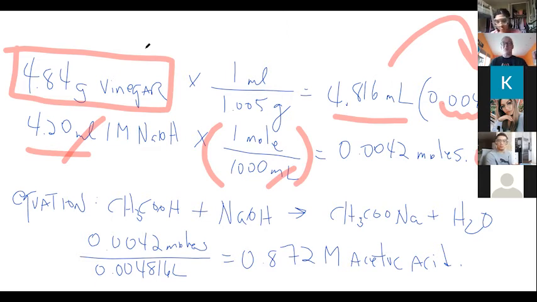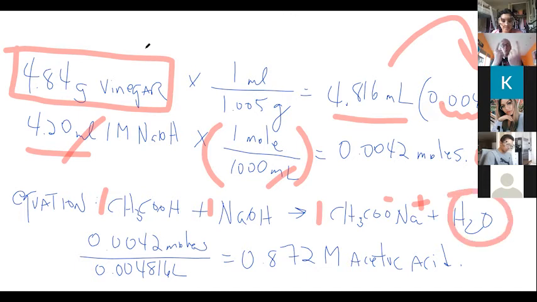Now our balanced equation is 1 mole of acetic acid plus 1 mole of sodium hydroxide gives you 1 mole of sodium acetate. So this is the acetate ion here, CH3COO- and Na+. That's the salt that's now in solution, and we get water.